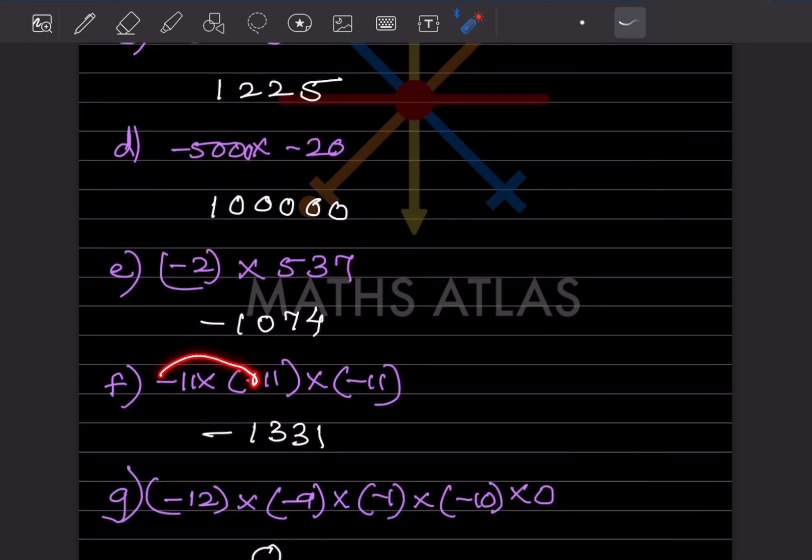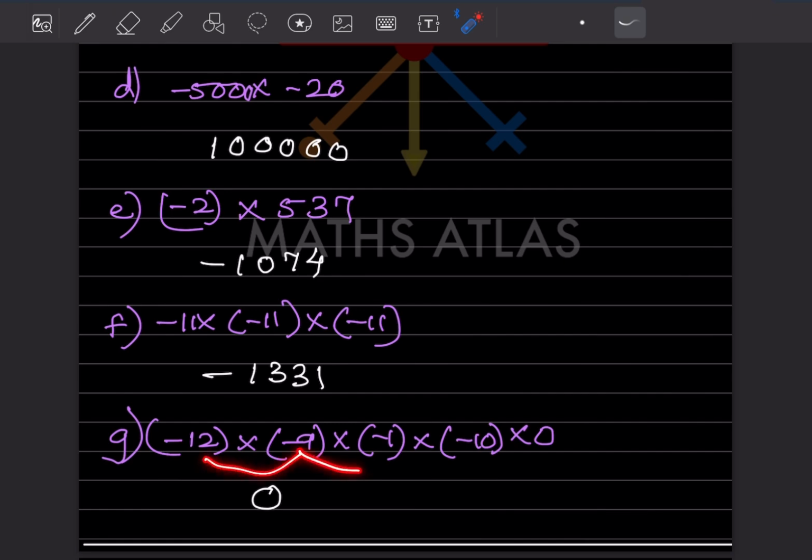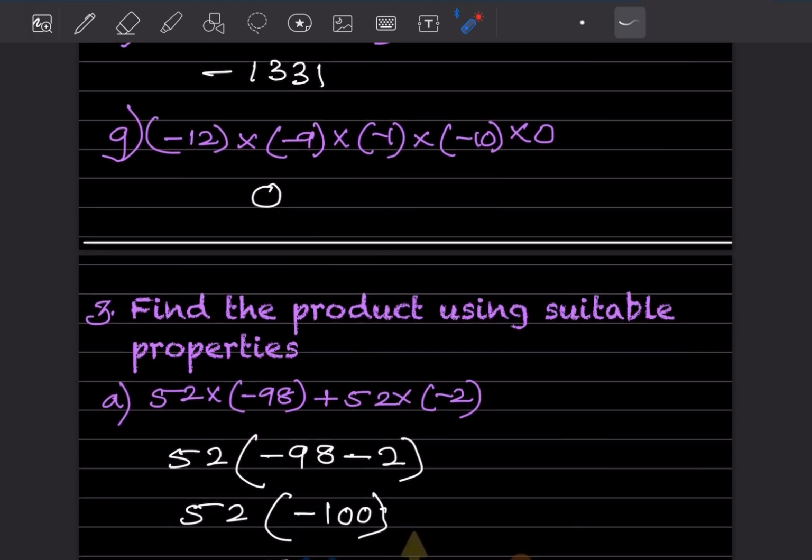Here are 3 negative signs. So whenever 3 negative signs means that is the odd number. So wherever odd number means that is always going to be negative. And then you have to multiply this one. That will be 1331. Now here you don't have to multiply because here you can see multiply by 0. So anything multiplied by 0 is going to be 0.